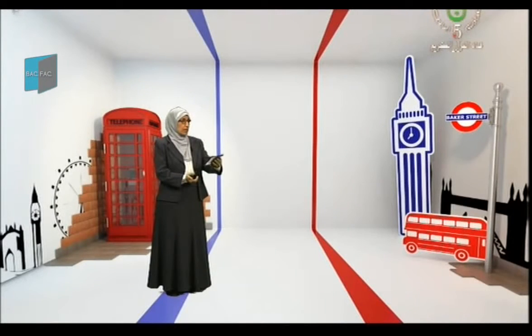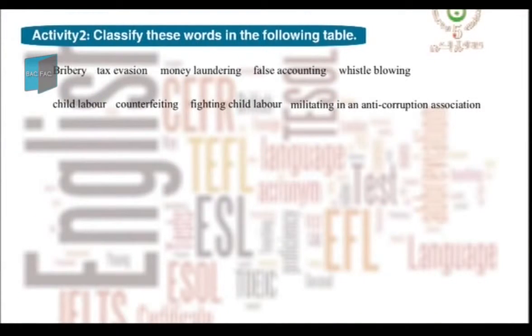Let's study the words: bribery, tax evasion, money laundering, false accounting, whistleblowing, child labor, counterfeiting, fighting child labor, militating in an anti-corruption association. Classify these words in the table according to whether you consider they are ethical practices or unethical practices.